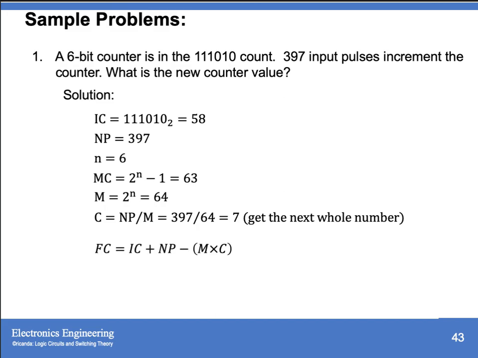So we have FC is equals to IC plus NP minus the number of states times your cycle. So we have 58 plus 397 minus 64, number of state, then times 7, that is the number of cycle. So FC is equals to 7 since it is a 6-bit counter. So therefore we have 0, 0, 0, 1, 1, 1.